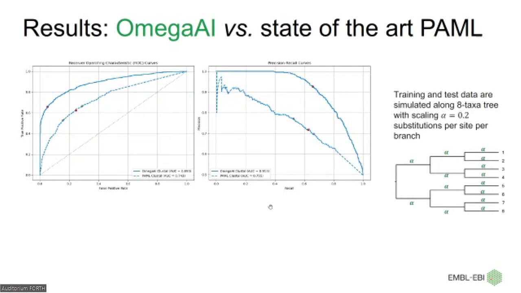The red dots: on the bold line, which is representing Omega AI, that red dot is a threshold of 0.5, which we used for training and have typically been using throughout. And on the dashed line for PAML, the red dot is a significance level of 95%, which is commonly used in the literature.